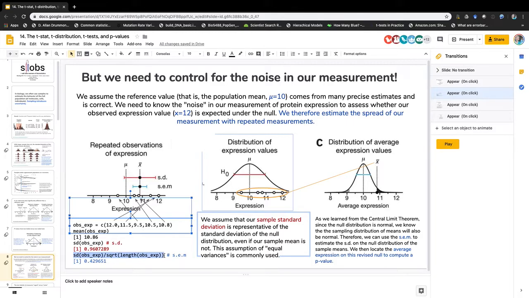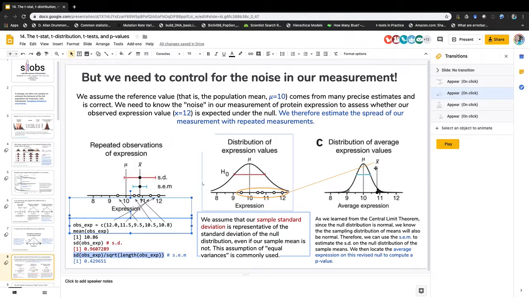And then as we learned from the central limit theorem, as we just reviewed, if we take the mean of our sample and the standard error of that mean, we can refine the null hypothesis distribution to be based upon the standard error of the mean.